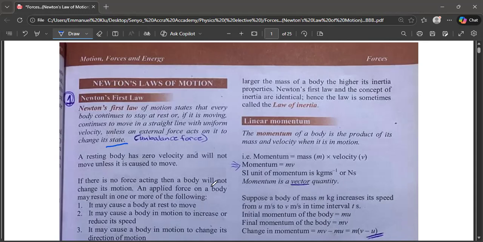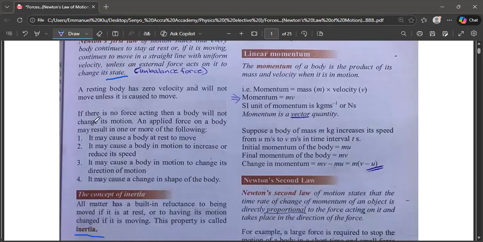So we went on to say that if a force acts on a body, whether a body that is moving or a body that is at rest, at the end of the day you realize that it may cause a body that is at rest to move, or it may also cause a body in motion to increase its motion or reduce what?